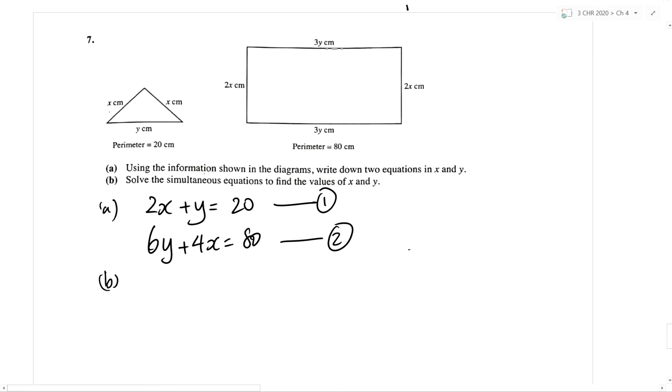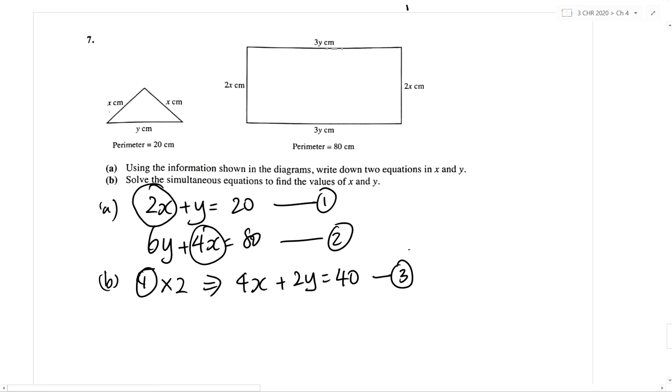And I would like to eliminate x. Okay, so right now this is 2x. Here I have 4x. I want to change the 2x to become 4x by multiplying by 2. So equation number 1 times 2. So this gives me 4x plus 2y is 40.